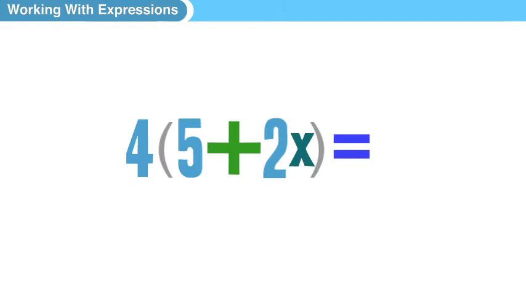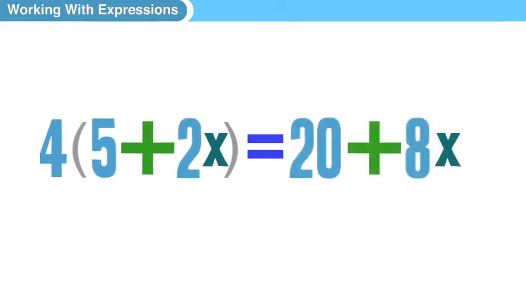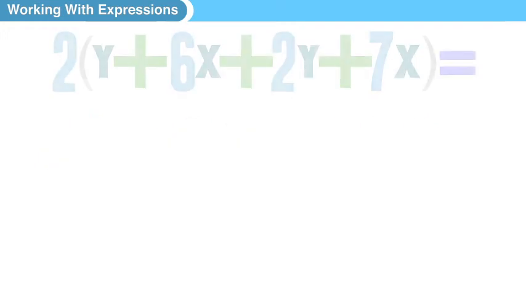Inside we have 5 and 2x, so we multiply 4 by 5 and then by 2x. That becomes 20 plus 8x. All we did was multiply that 4 across the two terms. Simple enough. It looks different, same expression. They're both equivalent.